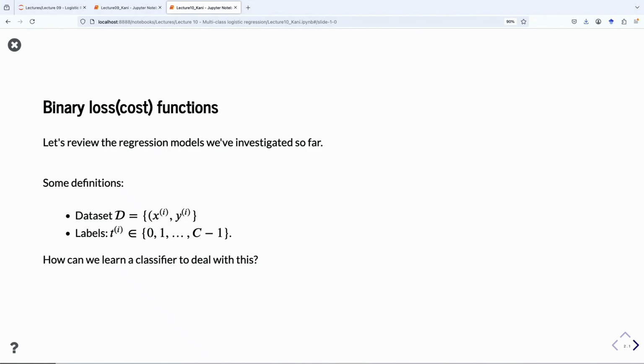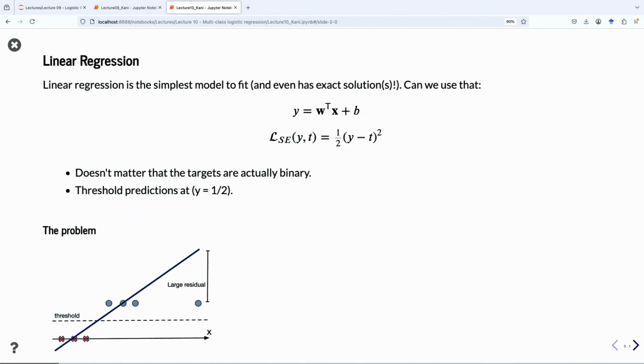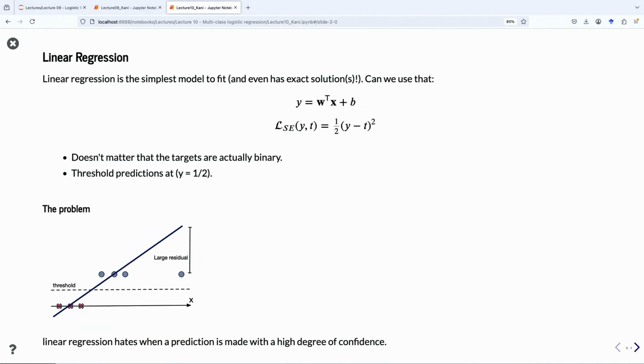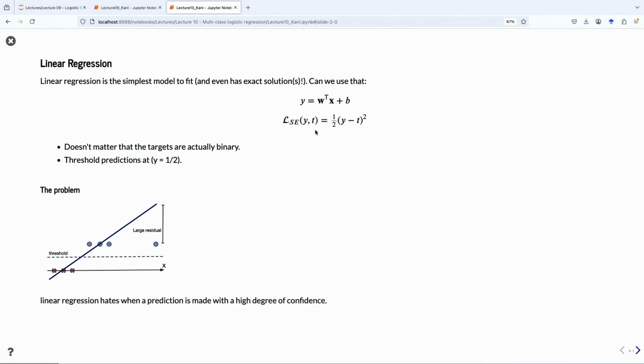So how do we build a classifier to be trained on the data set and classify future labels? The first thing we discussed was linear regression. We have a linear regression model, y equals W^T x, some slope parameters times x. x is one or more data parameters, and we have some bias.